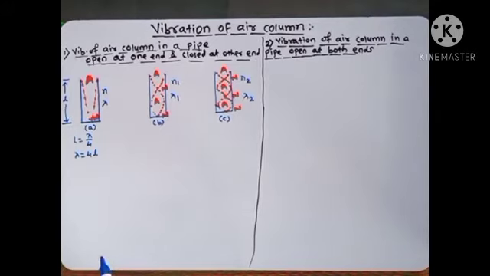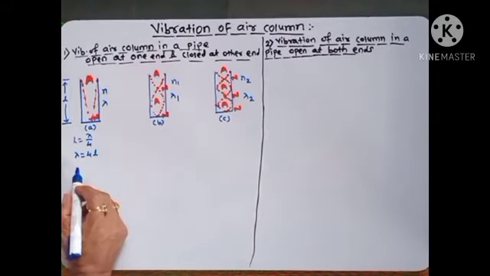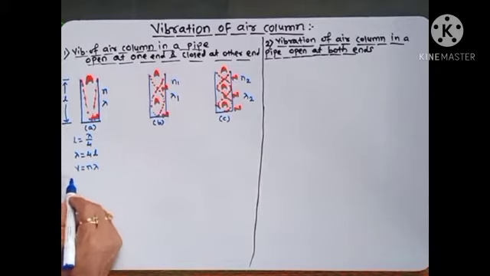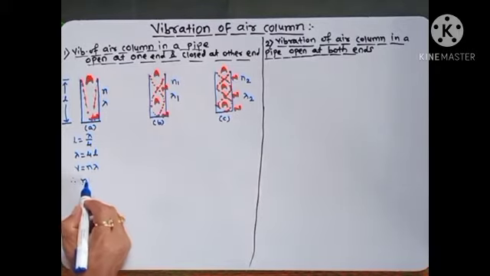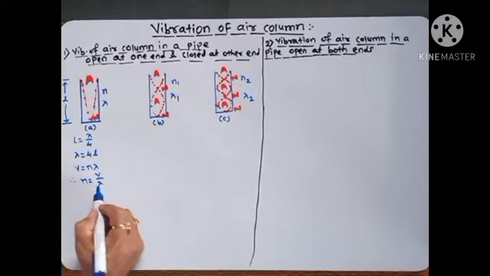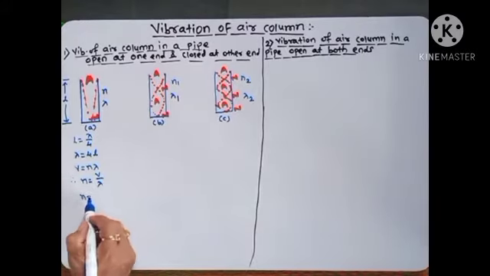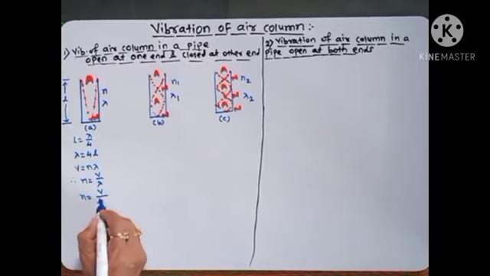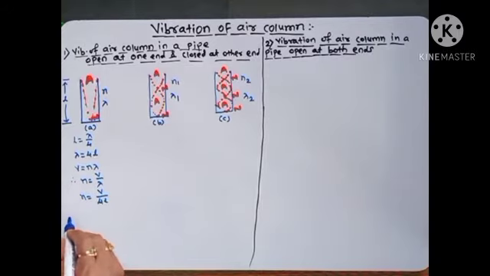Now suppose you know this relation, velocity v is equal to n lambda, and therefore n is equal to v upon lambda, and the value of lambda is 4L, so n is equal to v upon 4L, and this is the fundamental frequency. And if we correct this by adding end correction, then we get n is equal to v upon 4 into (L plus E).